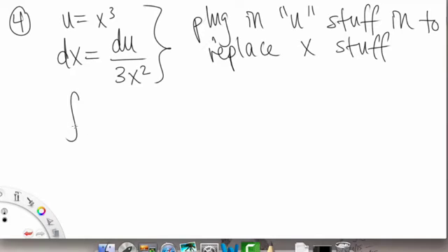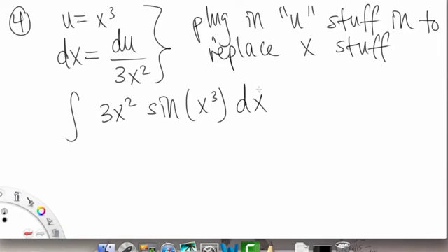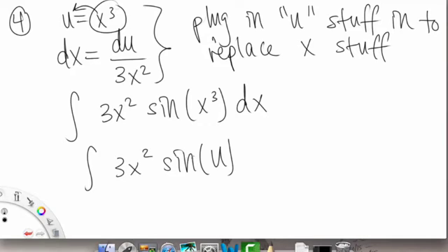So for example, this is what we're going to do. What we had was 3x squared sine of x to the third dx. So what we can do is actually replace x to the third with a u. So we're going to replace our x to the third in sine of x to the third with a u, and we can replace our dx with du over 3x squared, okay?